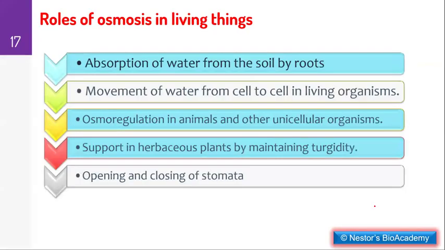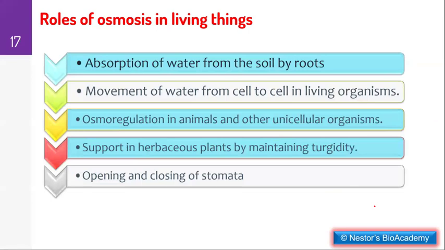So apart from absorption of water from the soil by roots, there is movement of water from cell to cell in living organisms, osmoregulation in animals and other unicellular organisms, support in herbaceous plants by maintaining turgidity, and also opening and closing of stomata. Of course, there are other roles you can also mention, like reabsorption of water at the kidney tubules.